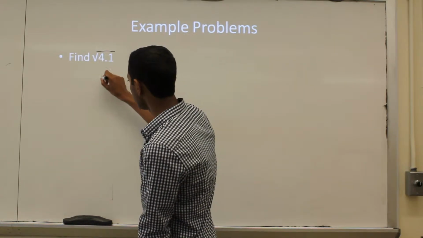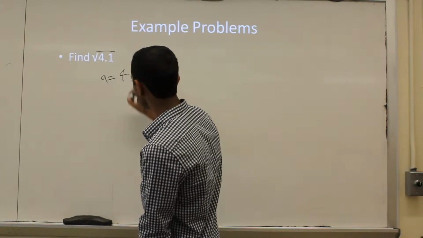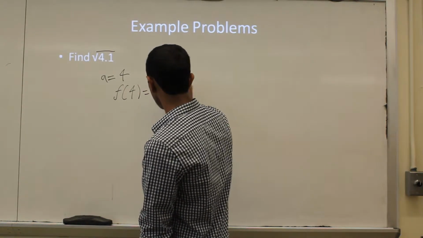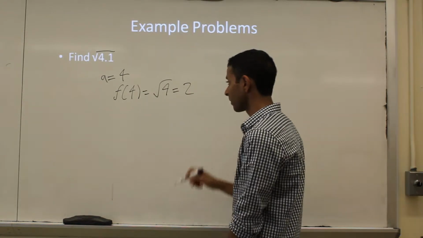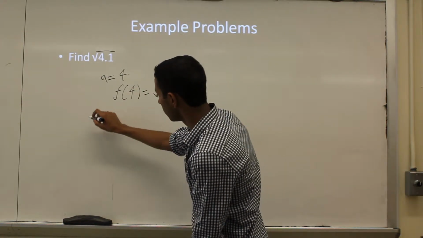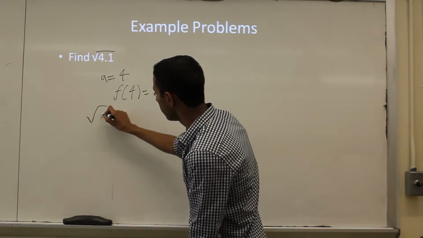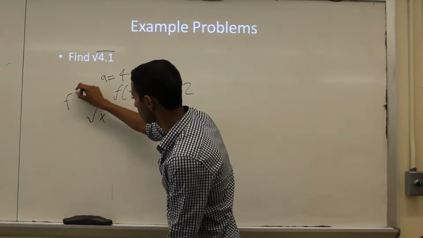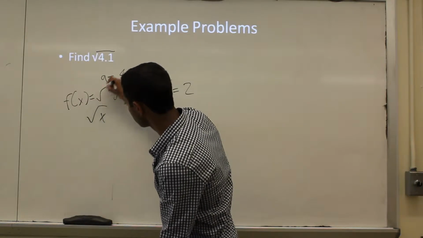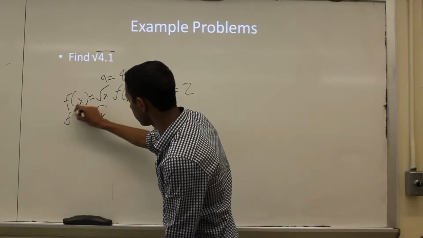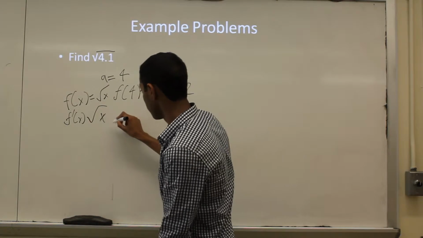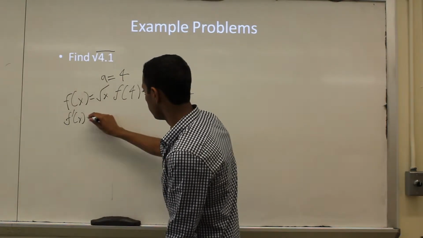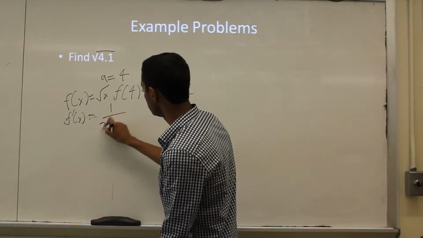So using the value a as 4, you have f of 4 equals the square root of 4, which equals 2. Now f prime of 4 is a little more complicated, but if f of x is root x, f prime is 1 over 2 root x.